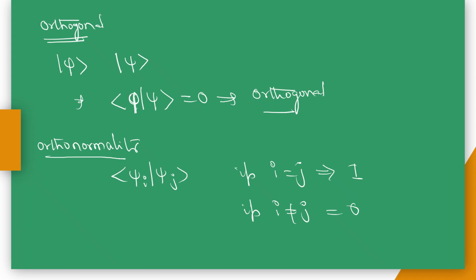If the inner product of two different state vectors is 0, then these two state vectors are called orthogonal. So orthonormality means if the inner product between psi i and psi j, if i is equivalent to j, it is equivalent to 1, and if i is not equivalent to j, it is equivalent to 0. This condition is called orthonormality.